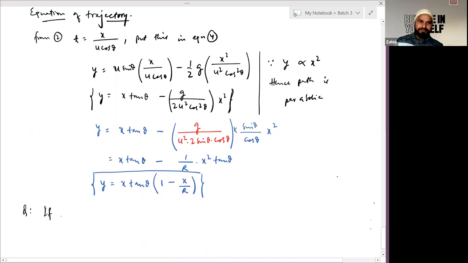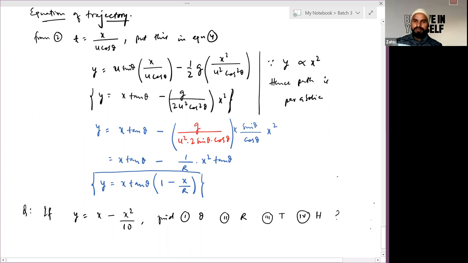Suppose y is equal to x minus x squared divided by 10. So find first theta, the angle of projection, second range, third time of flight, fourth the maximum height attained by the body using this.